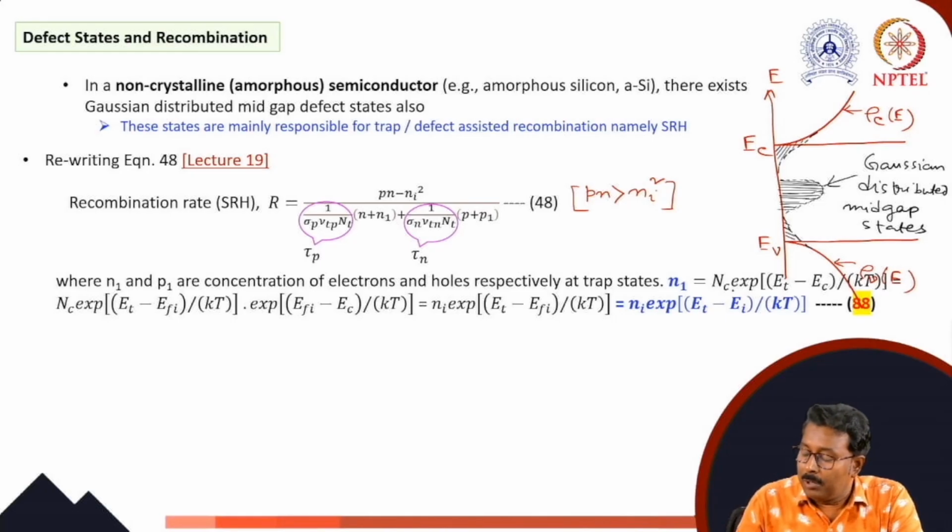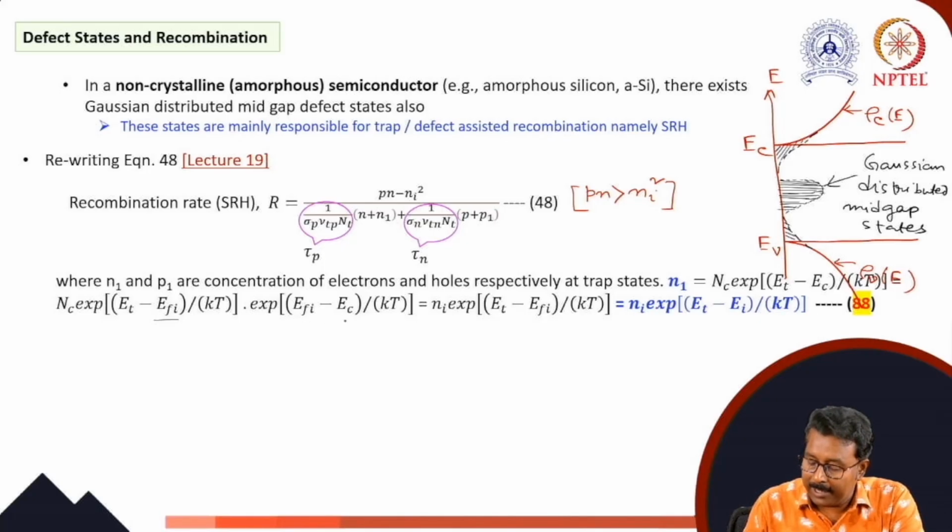Anyway, now let us expand this expression of n1, Nc exponential Et minus Ec by kT. You multiply and rearrange it algebraically in this way: Et minus EFi by kT into exponential EFi minus Ec by kT. So exponential EFi by kT and exponential minus EFi by kT will cancel out.